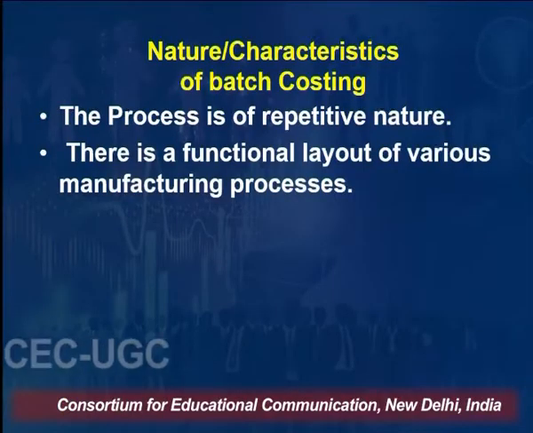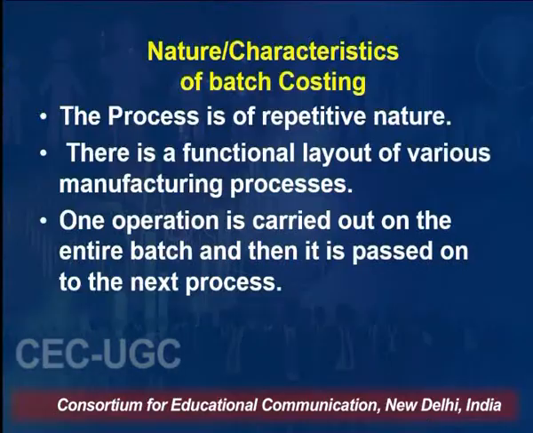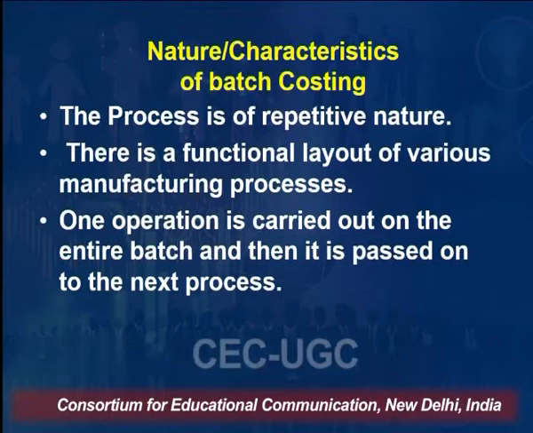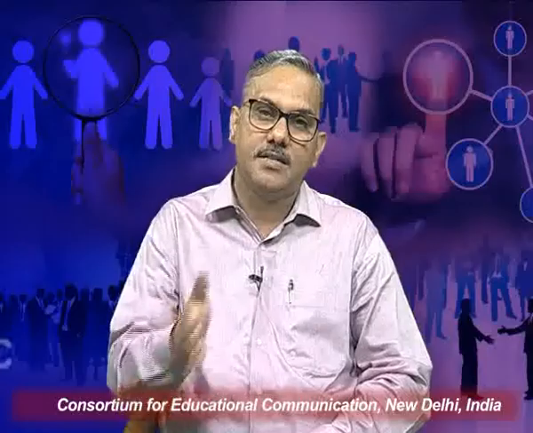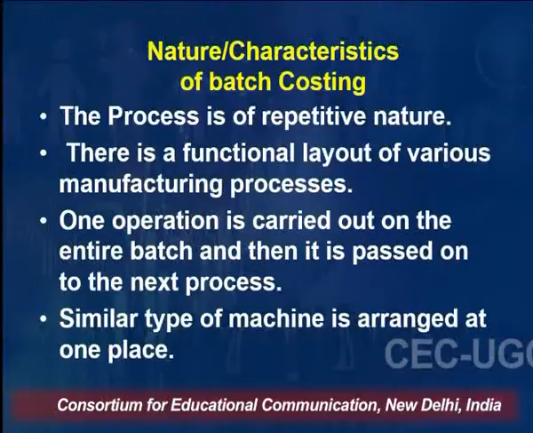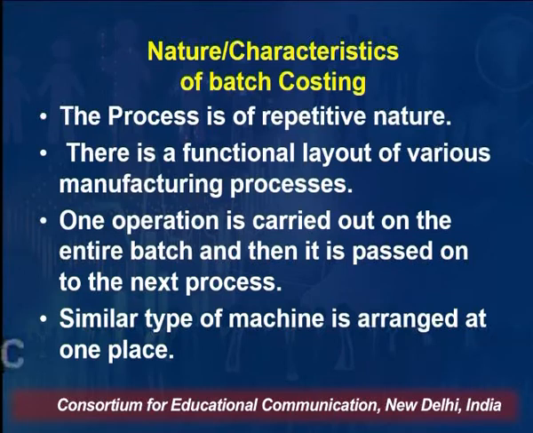So one process is completed and your outcome is transferred to another step. One operation is carried out on the entire batch, and then it is passed on to the next process. So step 1 is done, then it is forwarded to step 2, and so on. These are the very basic characteristics of batch costing, and remember that similar types of machines are arranged at one place, and then only you complete this production process, this job under batch costing.